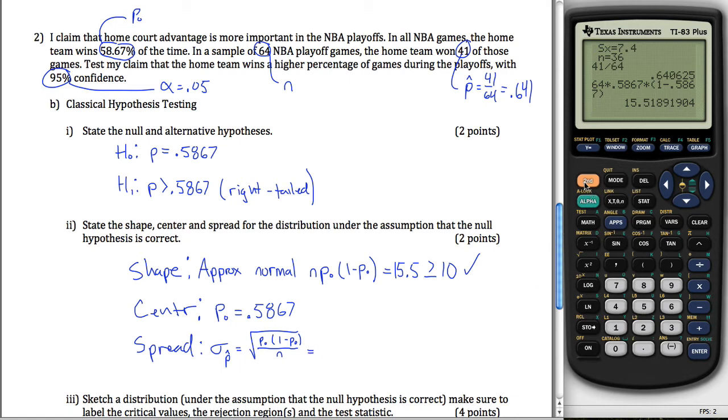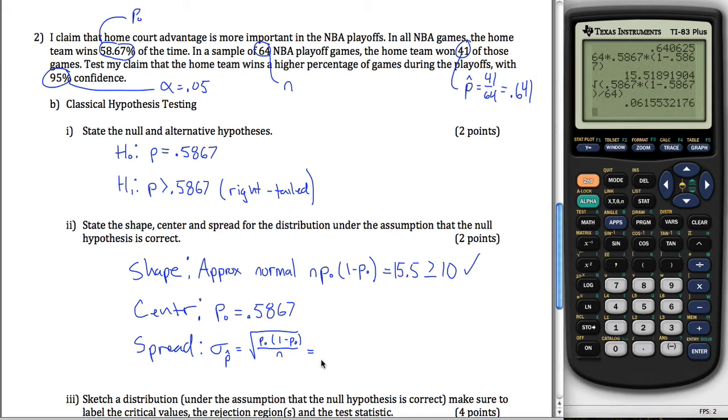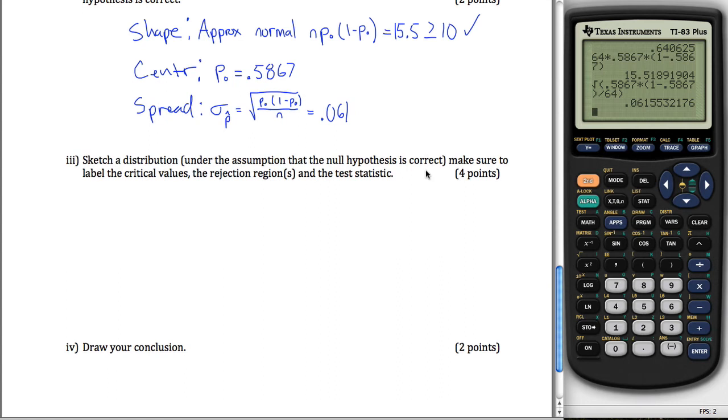If I plug that into my calculator: the square root of 0.5867 times 1 minus 0.5867, divided by 64. Make sure I got the order of operations right. That looks good. I get a value of about 0.061, or 6.1%. All right, got my shape, center, spread.